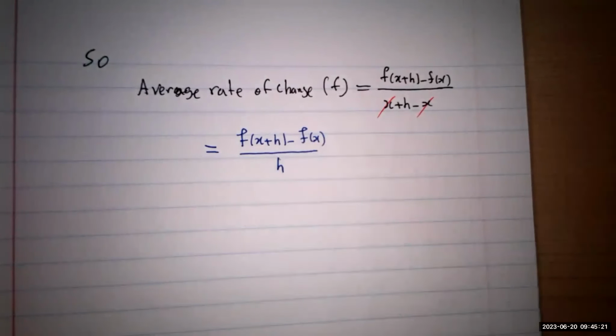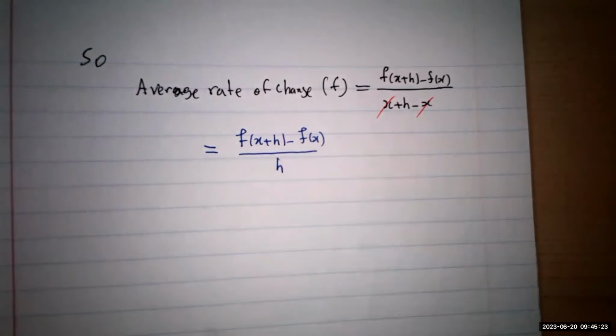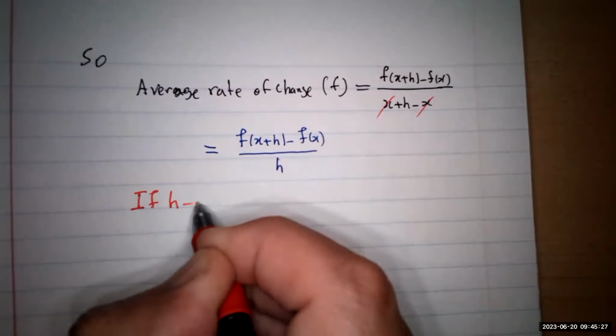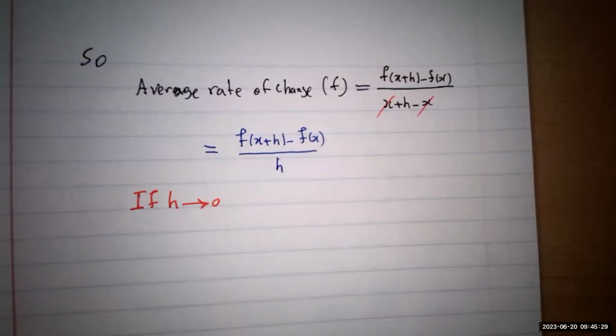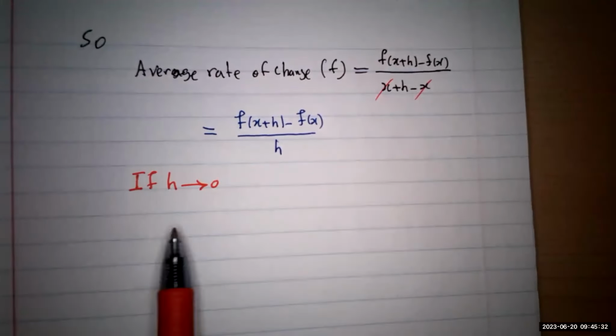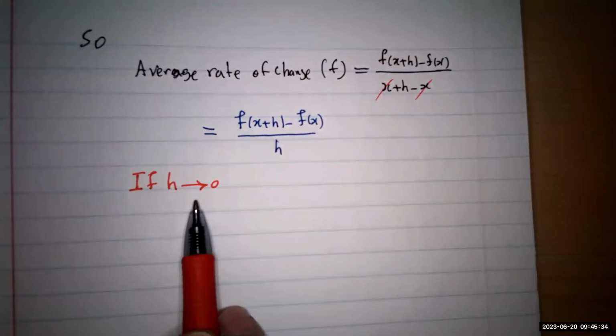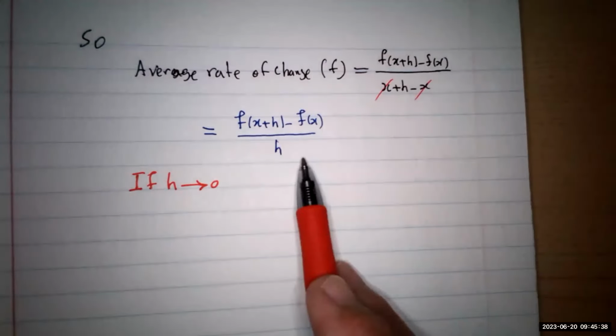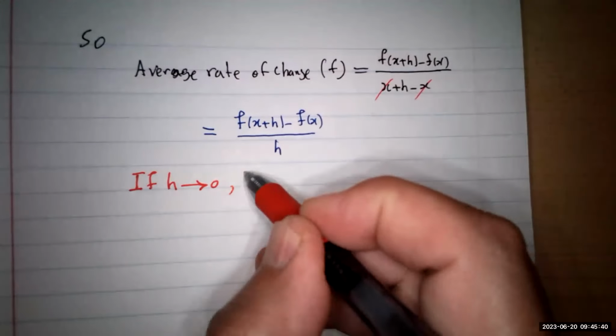You find this quotient, then when h is getting closer and closer to 0, it is like the squeeze theorem. When h goes to 0, this quotient is going to be what we want.